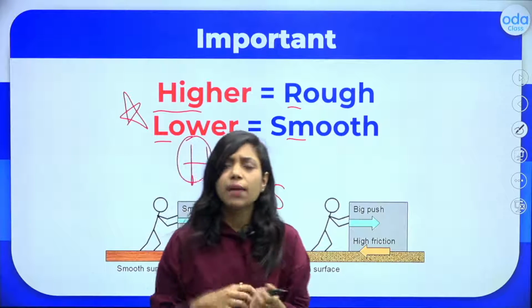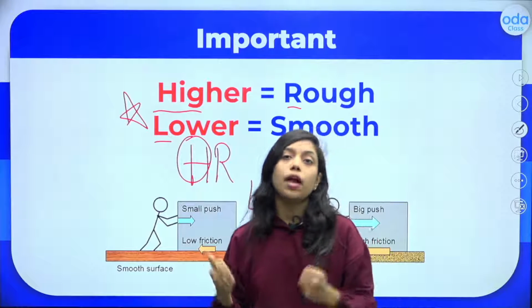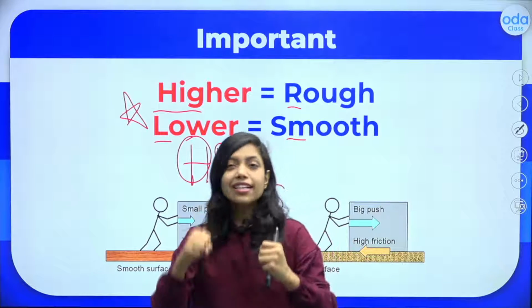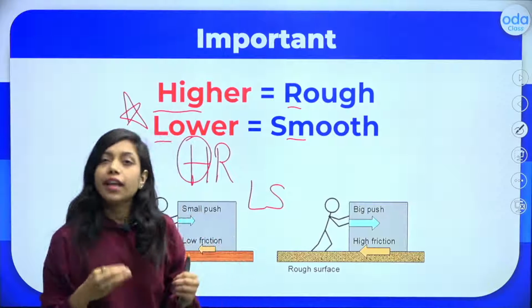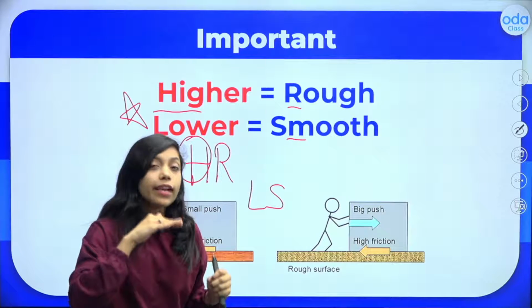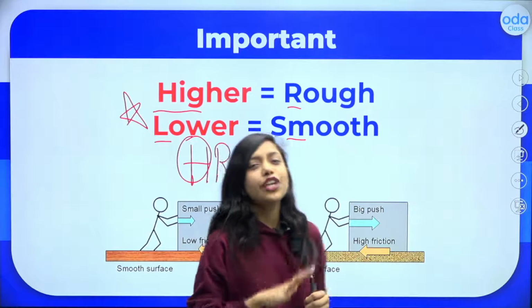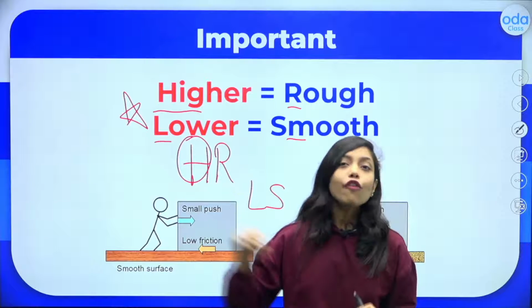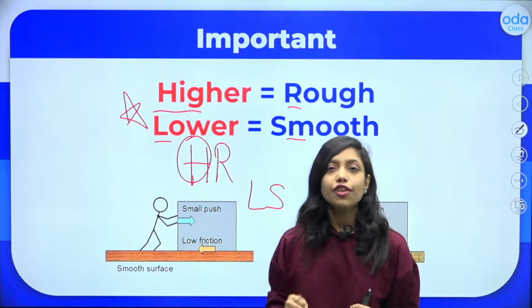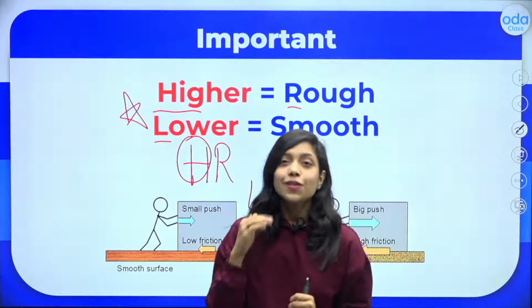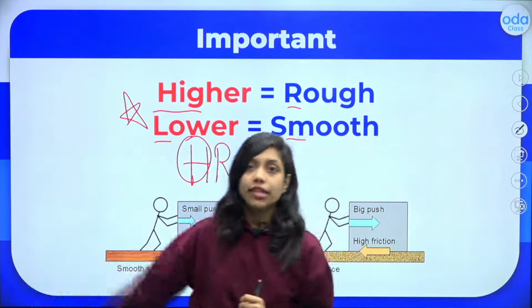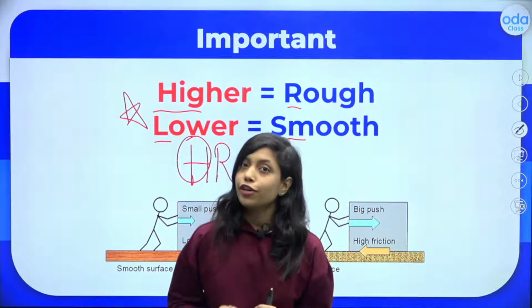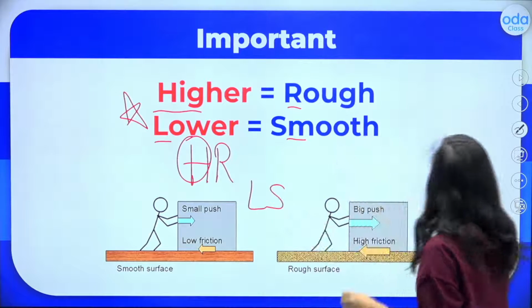You can take the example of a sandy surface and a marble surface, right? A sandy surface is very rough, which means higher friction. But a marble surface is very smooth, so there is very little frictional force to oppose the motion, right? That is why we can easily fall on a wet surface, because very low frictional force is there, okay? So this is very important.